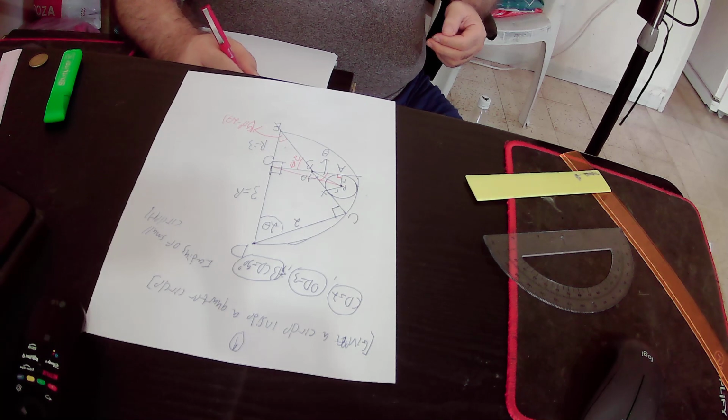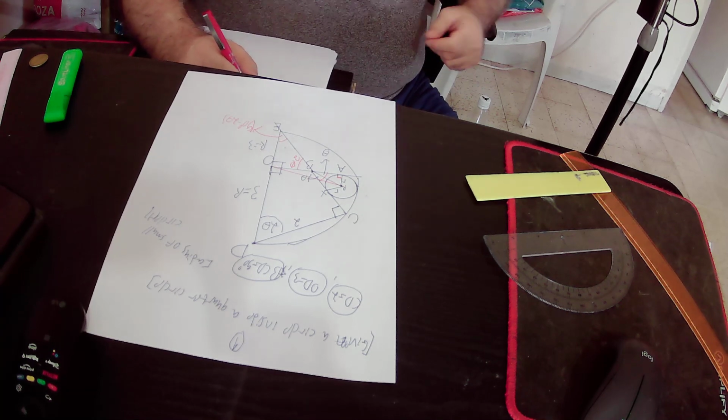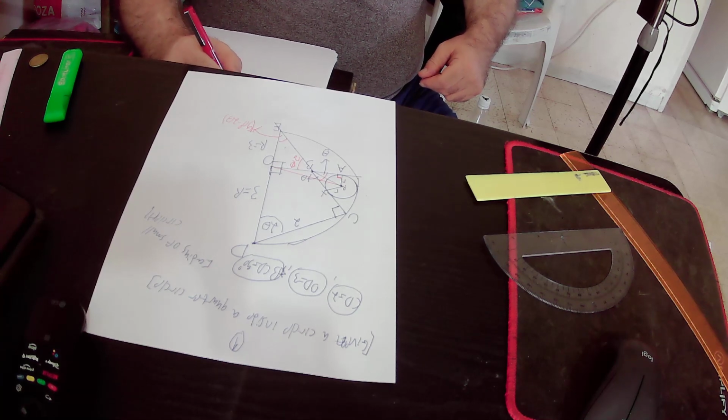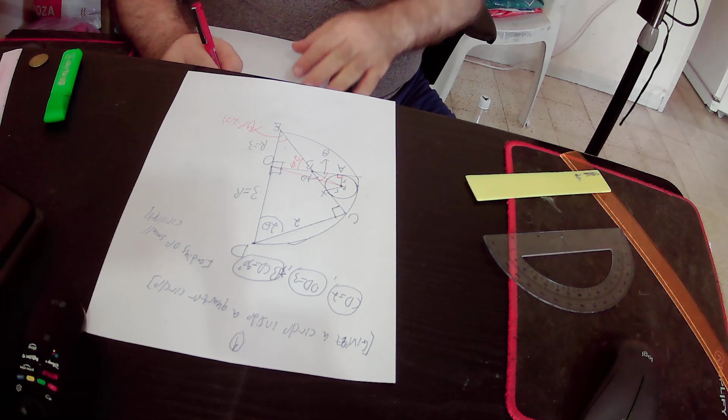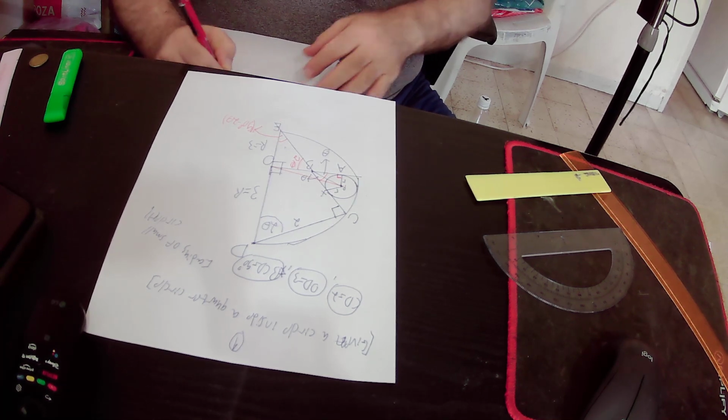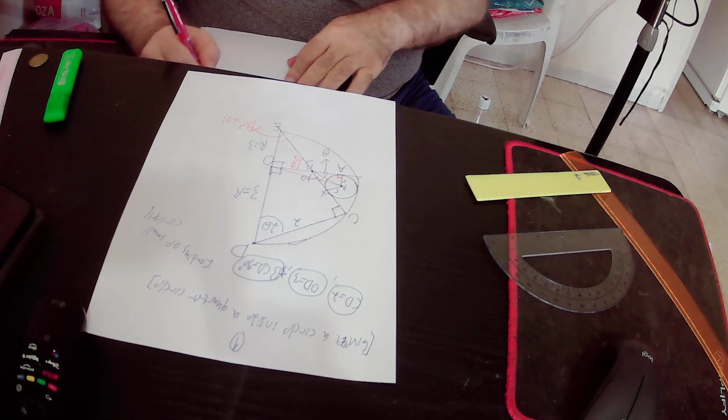That is to say, AP square plus AO square must be equal to PO square.